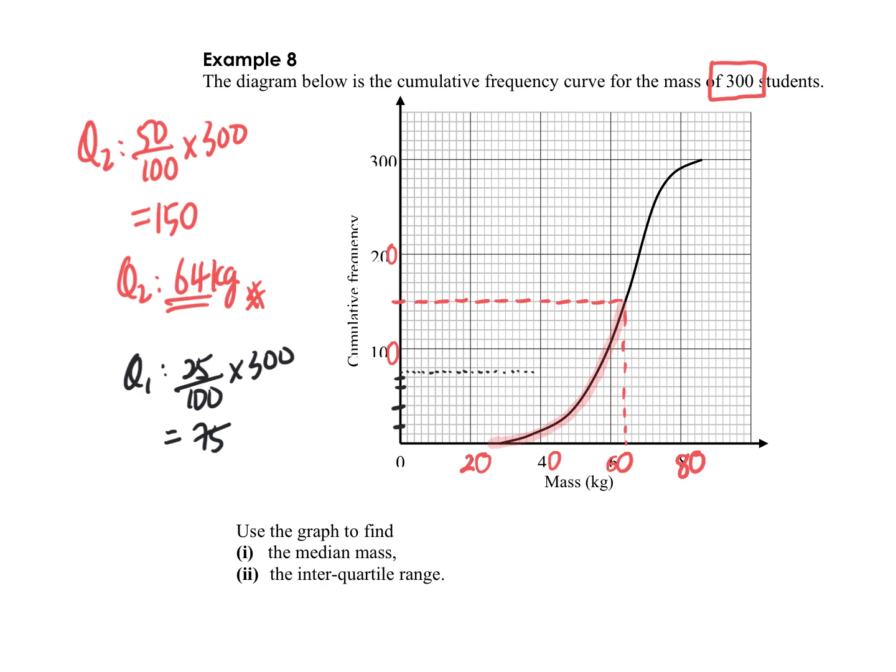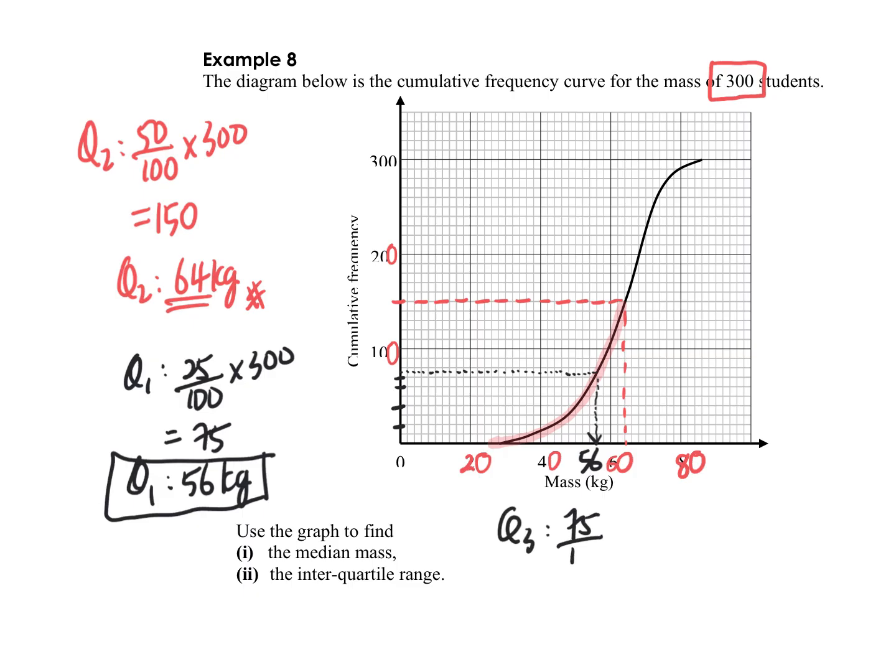So must read very carefully, if not it will end up being wrong. Okay, so here, 56 kg. So quarter 1 tells me that 25% of the children is 56 kg or less. I need to go and find my third quarter, which is 75% of the children. So 225 of them. Go to my 225, 10, 20, 30.